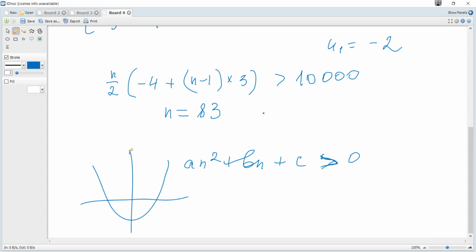It looks like this. And another function is 0, so we need x-intercepts or zeros, and we need the roots. We can find them using the discriminant or also using a calculator.